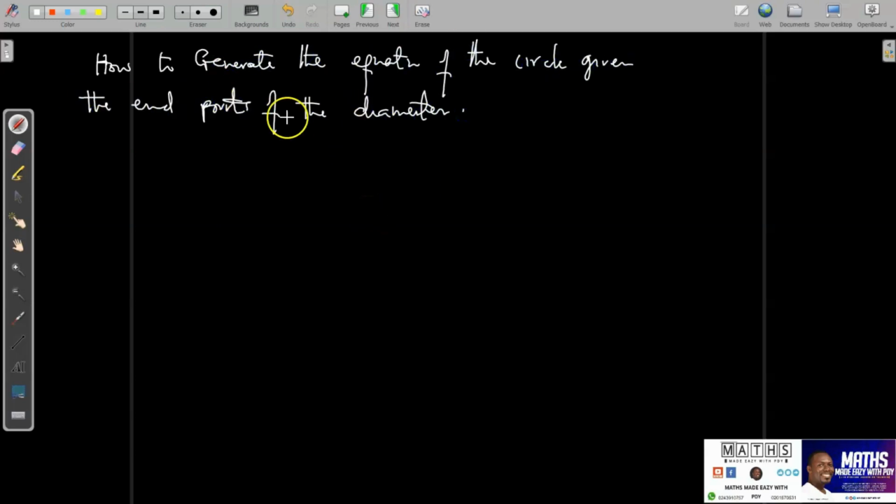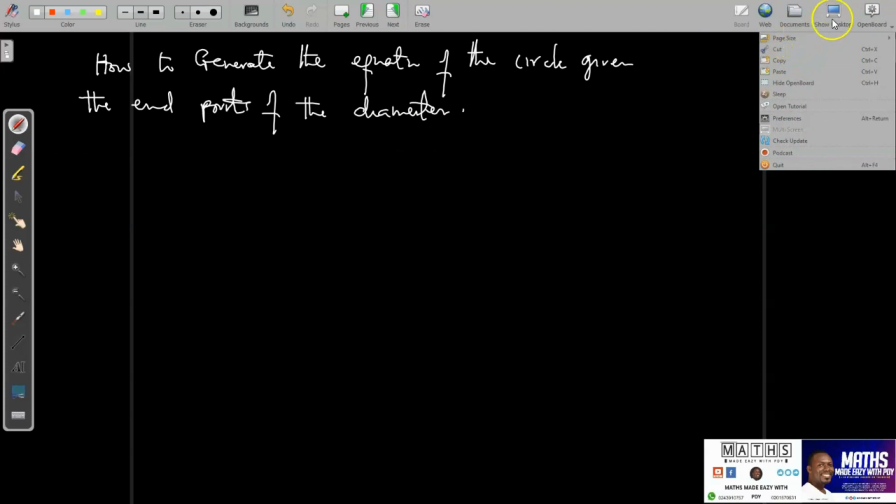Now, even if you've not learned anything based on what we just started with coordinate geometry 2, just tell me one thing that you always have to bear in mind whenever you want to generate the equation of the circle. What are the two major things you need to know before you can get your equation of the circle on board?